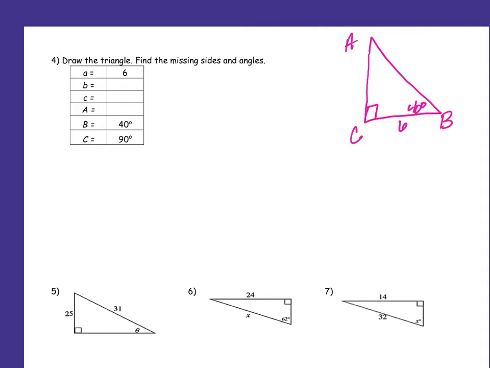What do the angles of a triangle add up to be? Let's start with that question. That's a good question. Does anybody know what the angles of a triangle need to add up to be?